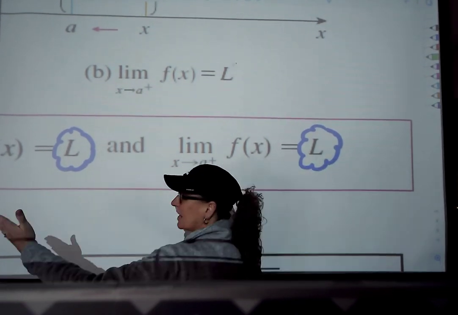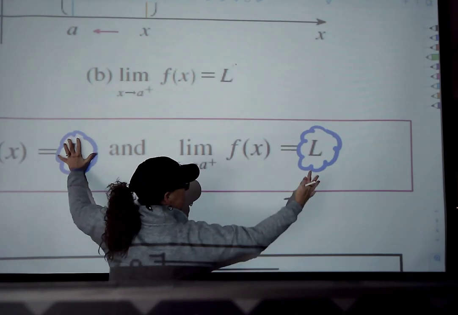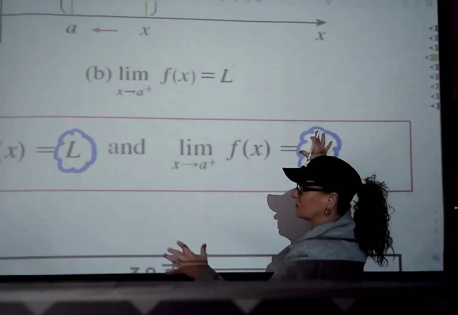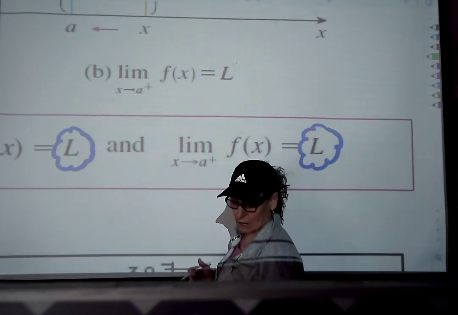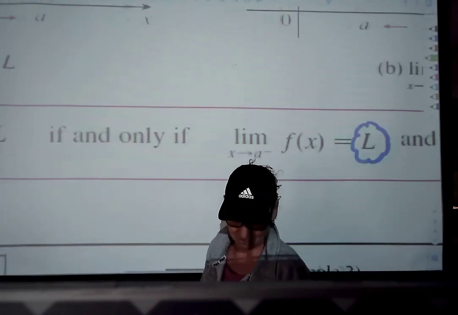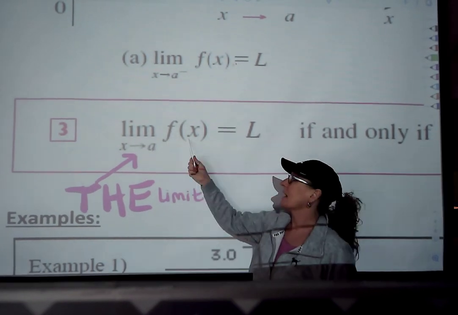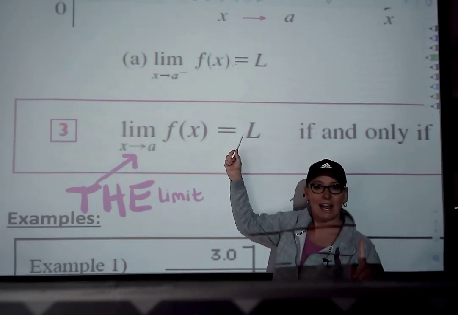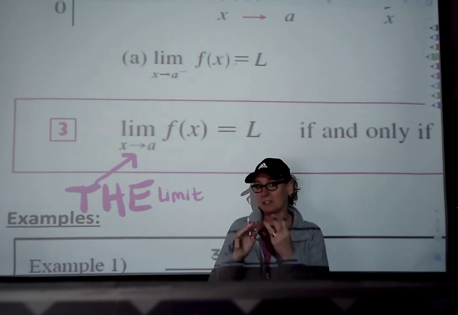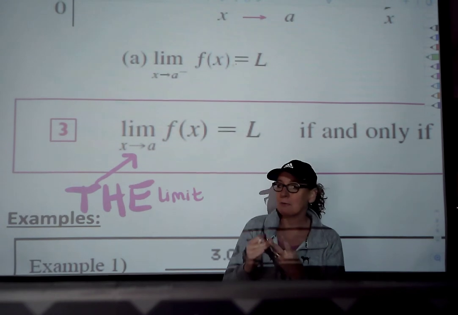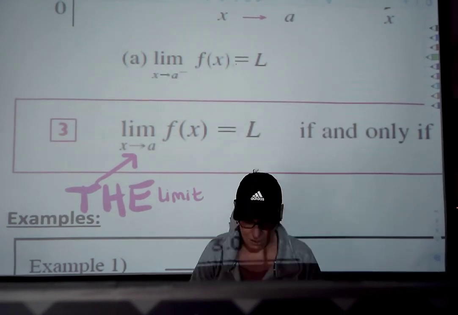So I jumped to the left, I found out where my y's were headed, answer. I jumped to the right, I found out where my y's were headed, answer. Do these two match? If they do, well then the limit of f as x approaches a must be this answer. So there's kind of three different types of limits. We've got the limit from the left, we've got the limit from the right, and we've got the limit. Let's try some.